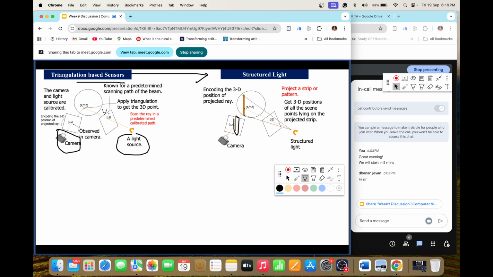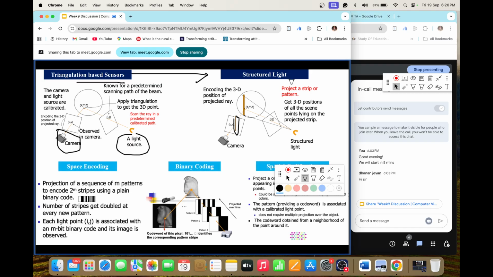Previously we were only collecting a beam, or a point of light, okay. But here we are projecting structured light, or better a line or strip of light, and then we are collecting the same line or strip of light. So this is known as structured light.